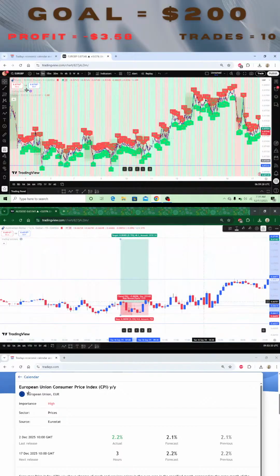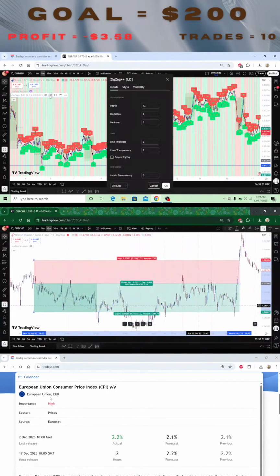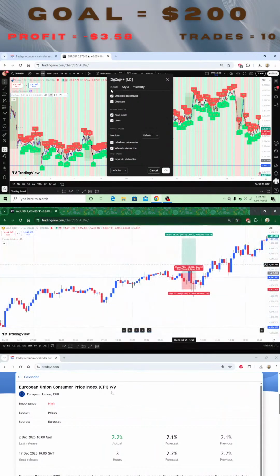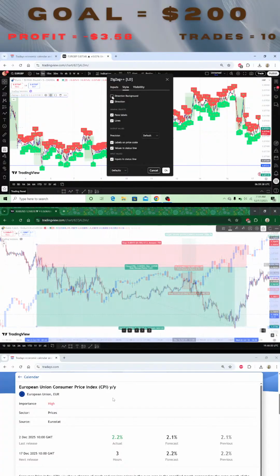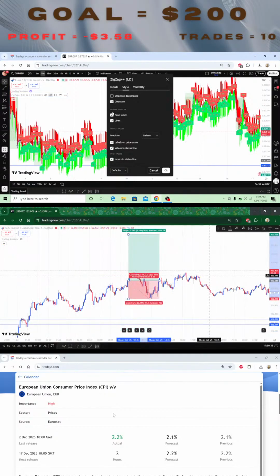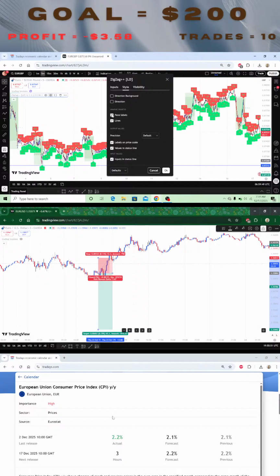So let me clear up all this. Let me go to settings and clear up most of these things. Okay, I'll remove that one. Then direction, nope, removing that one.